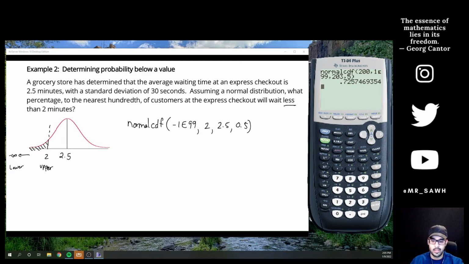So if I plug all that in: second, distribution, normal CDF, negative infinity, 2, 2.5, and 0.5. Enter. A lot smaller than the last one.